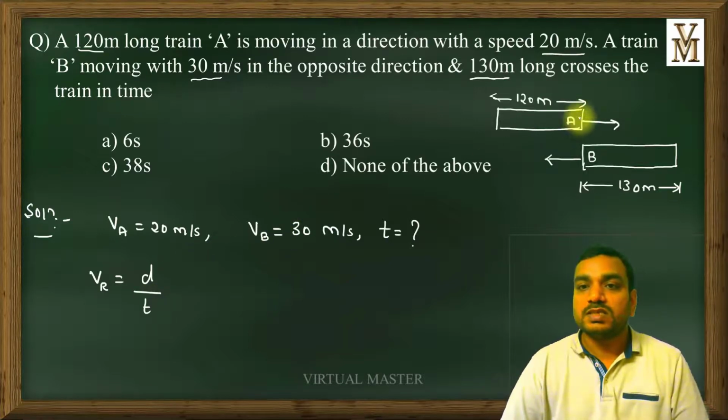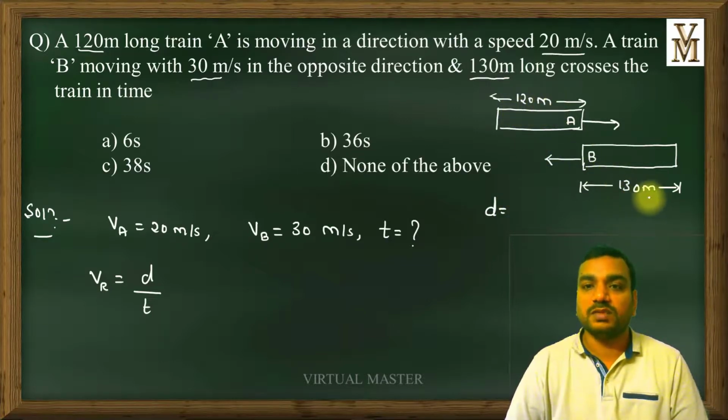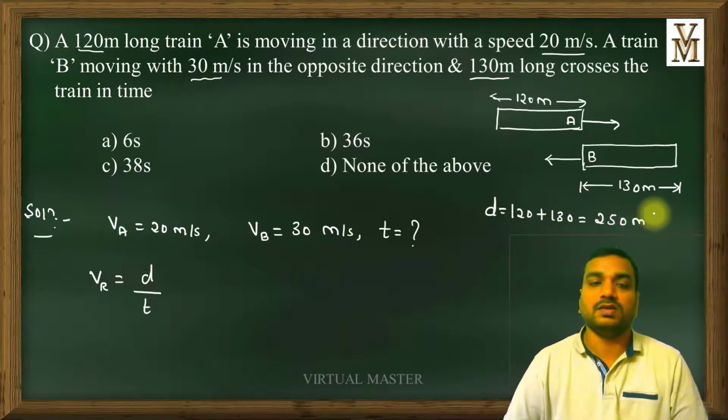Since train A is 120 meters long and train B is 130 meters long, the total distance traveled by the two trains to cross each other will be the length of train A plus the length of train B, that is 120 plus 130, which equals 250 meters.